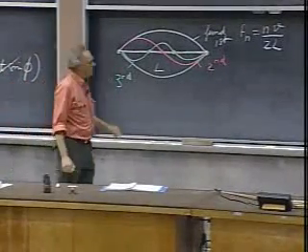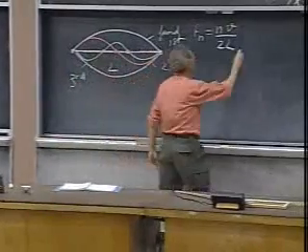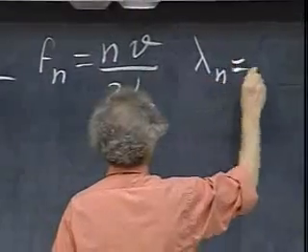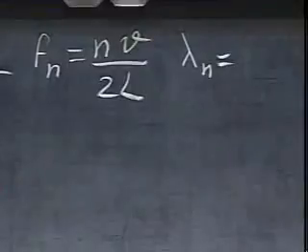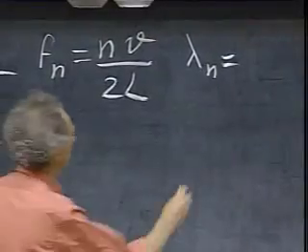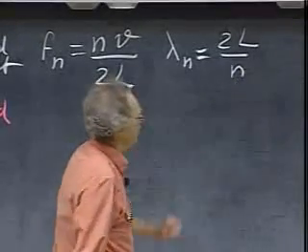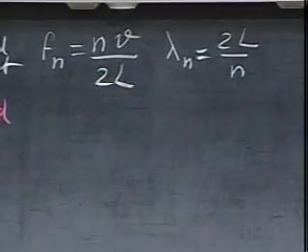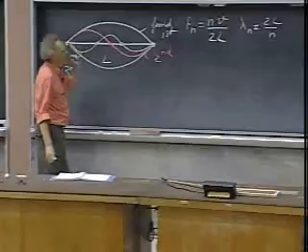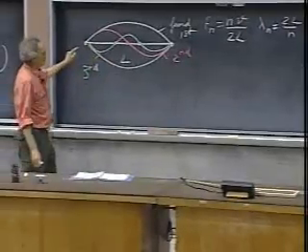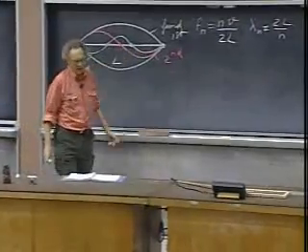And L, in this case, is the length. And the associated wavelengths, lambda for that particular harmonic, is 2L divided by n. If you put in n equals 1, you see that the wavelength is indeed twice the length. And if you put in n equals 2, you see that the wavelength is exactly L.